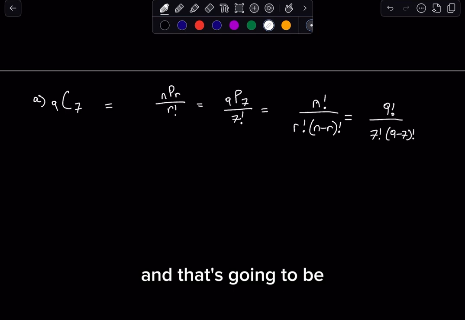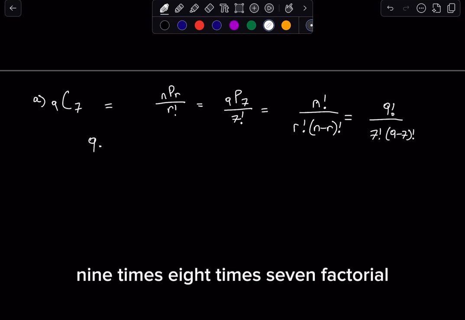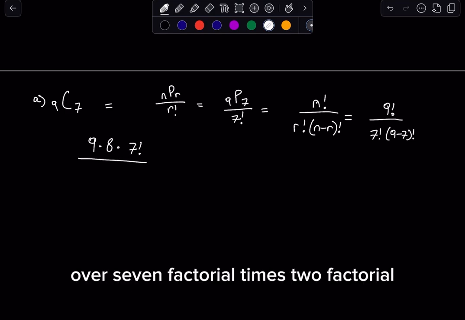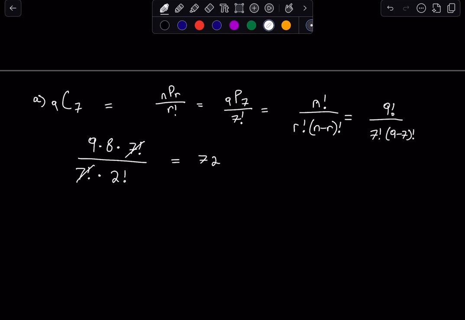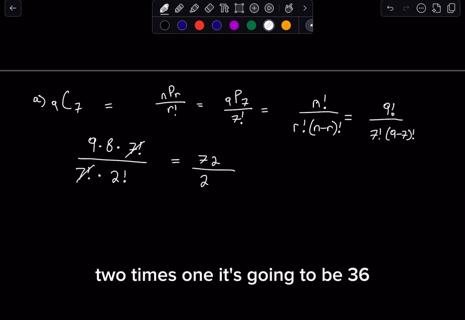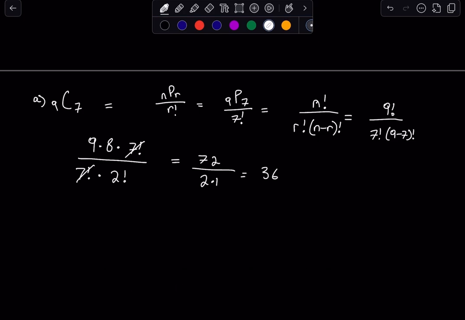And that's going to be 9 times 8 times 7 factorial over 7 factorial times 2 factorial. The 7 factorials cancel out. It's going to be 72 over 2 times 1. It's going to be 36.